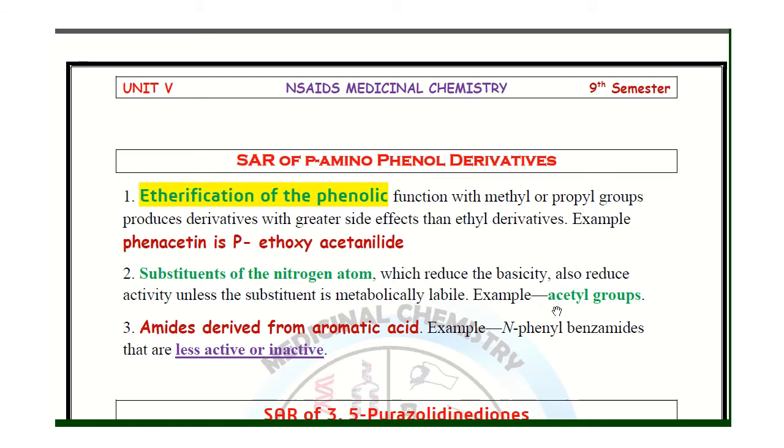For example, the acetyl group. Amide derivatives: amides derived from aromatic acids, like the N-phenyl benzamides, are less active or inactive. If we form the amide from these aromatic acids, the derivatives, the N-phenyl benzamides, ultimately will not have any therapeutic role.